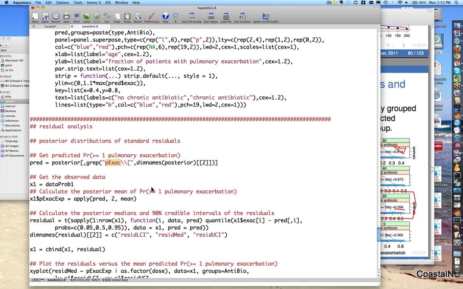So I'm grabbing that, then go in and get the observed data. This one is taking those predicted probabilities and getting an average. The only reason I do that is that'll serve as our x-axis in our plots.